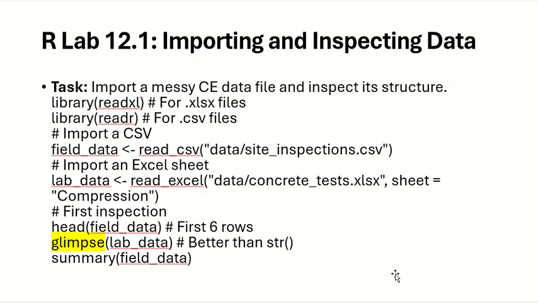Again, the read command needs to be changed. You are importing a CSV file; you can import an Excel sheet as well. These are two different commands for importing the sheets.